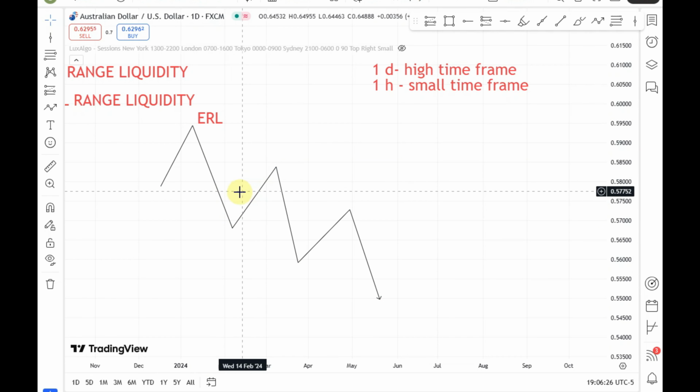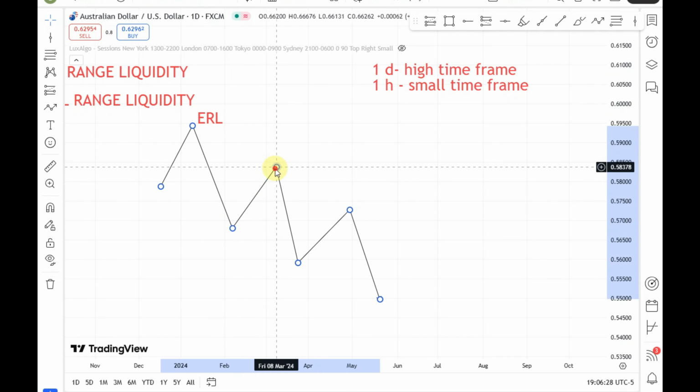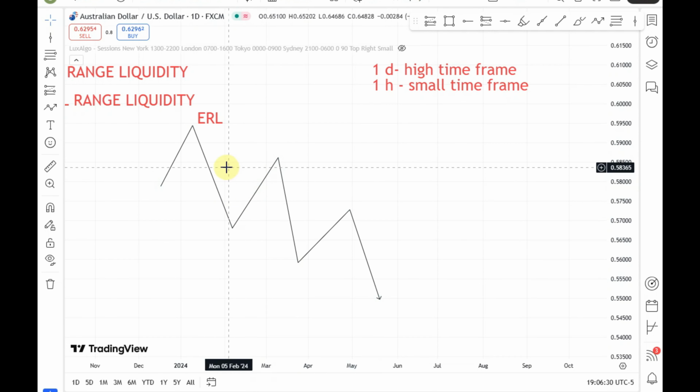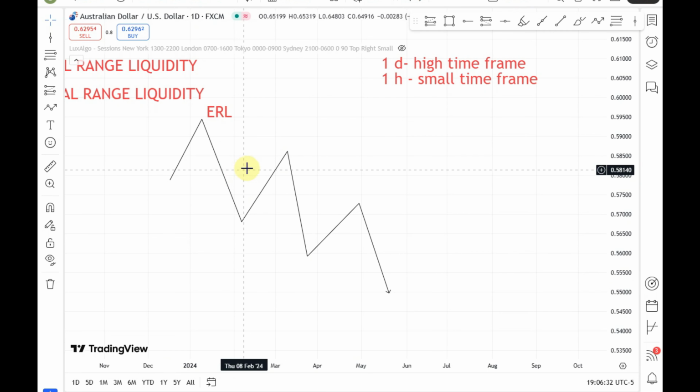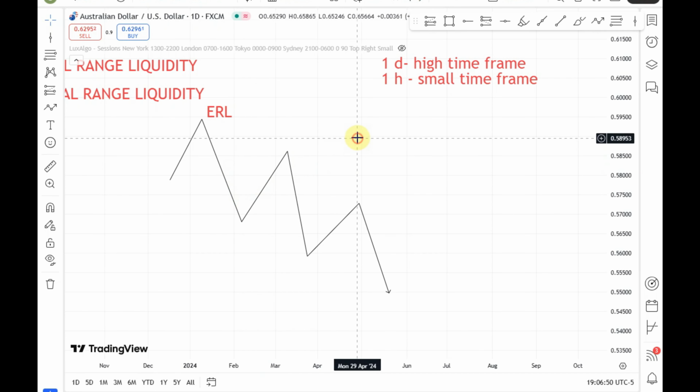There might be something like an order block or fair value gap. That is what I normally look for: order blocks and fair value gaps inside the internal range liquidity. You might find that there are some forms of liquidity also, like double tops or double bottoms, but that's what I look out for: order blocks and then fair value gaps.